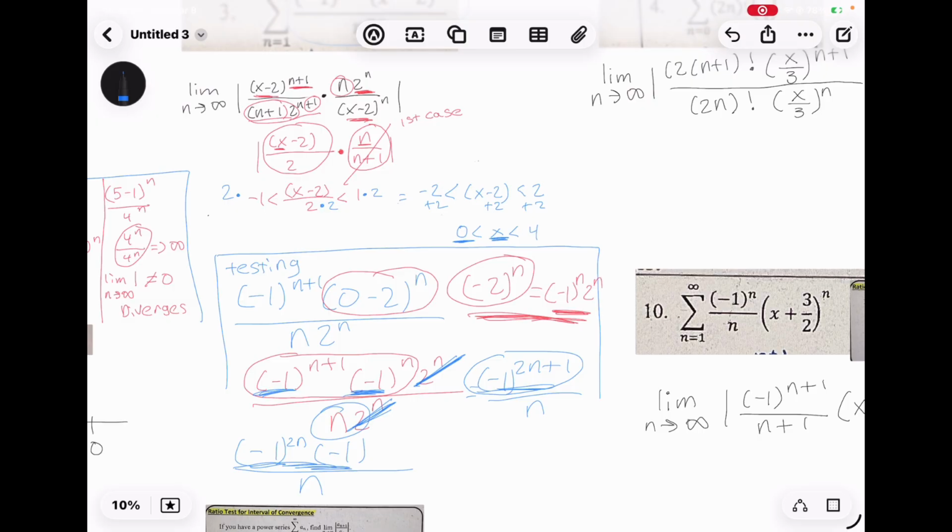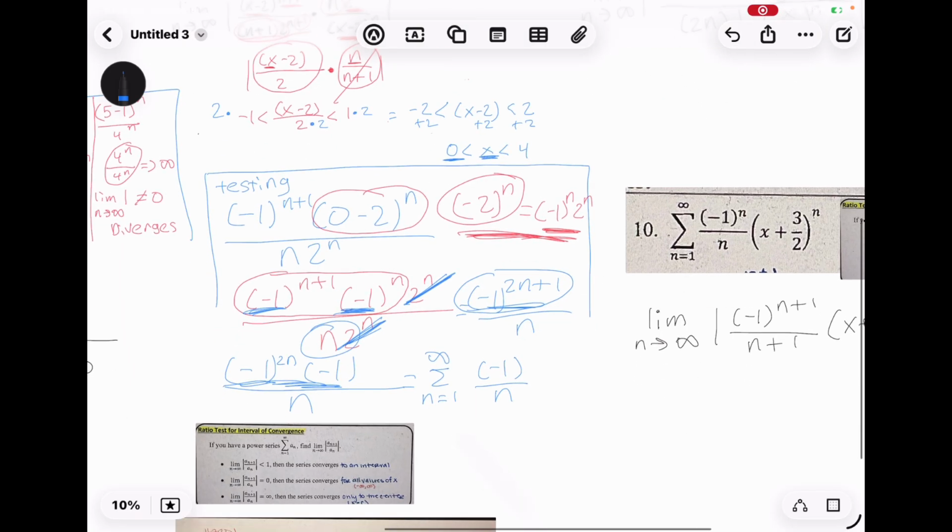Okay, very good. And then we're just left with negative 1 to the negative 1 over n. And that is just a negative harmonic series, right? That should be something we're familiar with. And we know that negative harmonic series diverges.